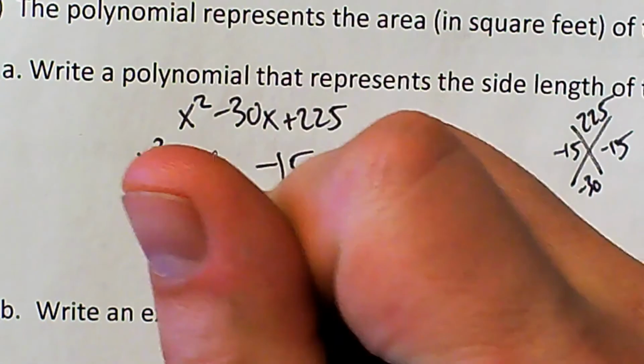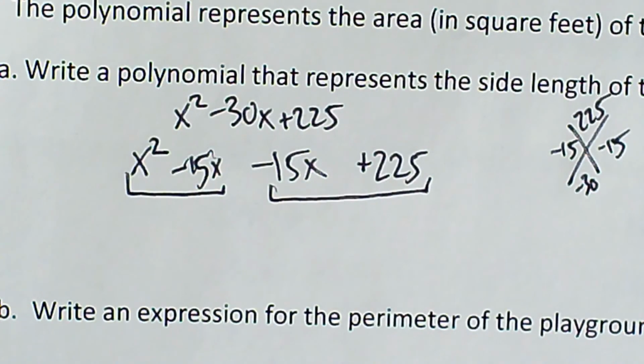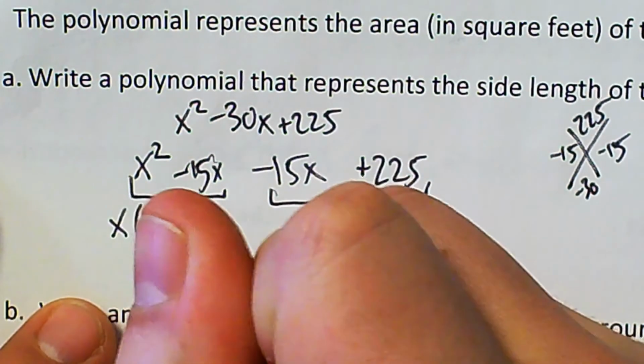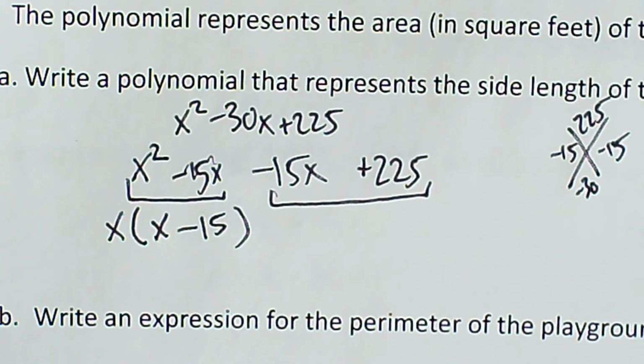Then we're going to group the first two terms and the last two terms. What's the GCF of the first group? X. Good, so we have x, and when we want to divide that out, we get x minus 15. What's the GCF of the second group? 15.